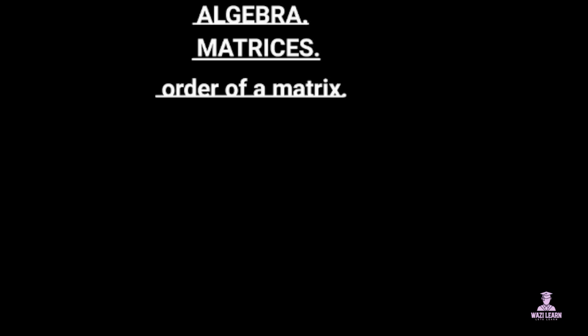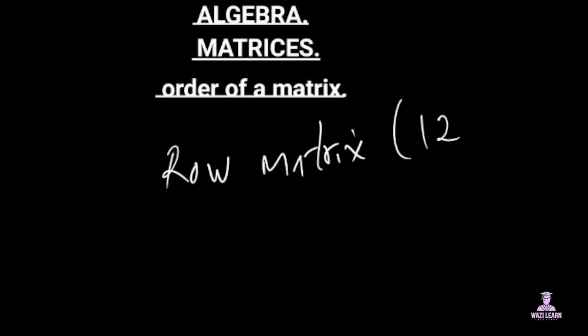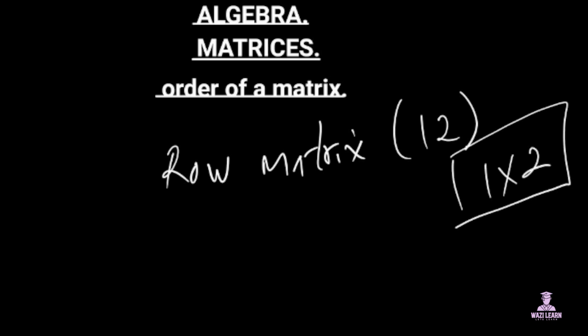Apart from the square matrix, where the number of rows and columns are the same, we also have other types of matrix, like the row matrix. A row matrix is a matrix where we only have one row. For example, 1, 2. The order of this matrix is 1 times 2, so the number of rows here is 1.